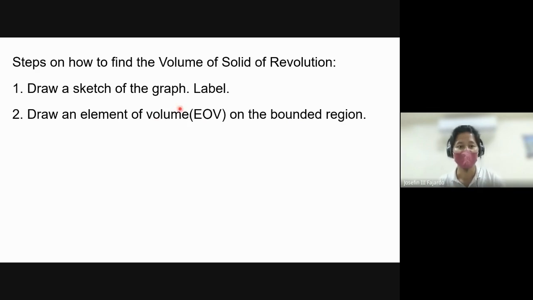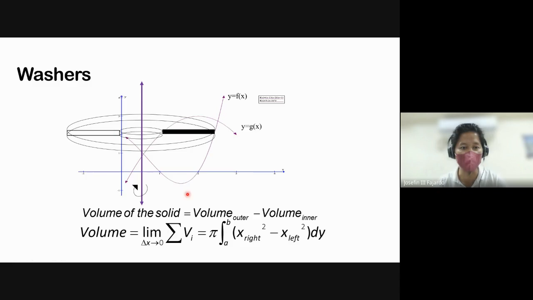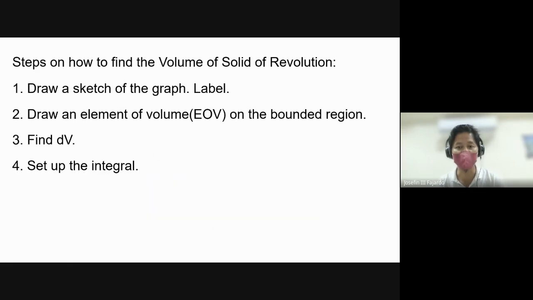Then we identify dV so that we can set up the integral. In our integrals earlier there were a and b, so I have to identify the lower and upper limits, similar to what we did in finding the area. And finally, we solve the integral to find the volume.